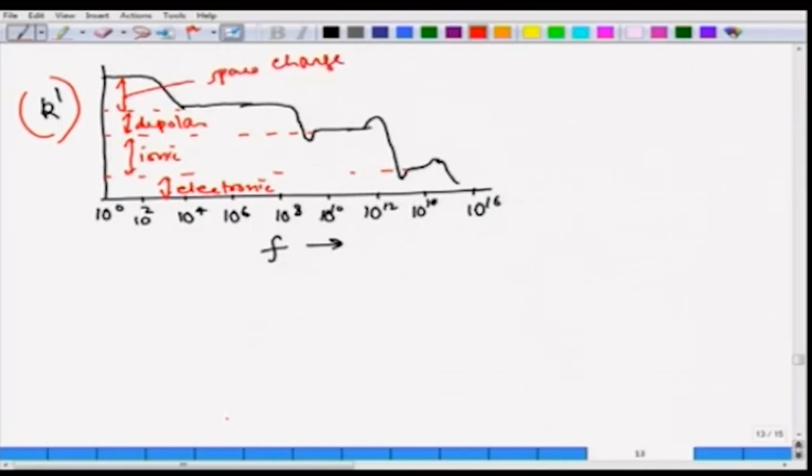This is the space charge polarization, and correspondingly if I plot K double prime, then wherever these changes occur, somewhere here you are going to get a peak.